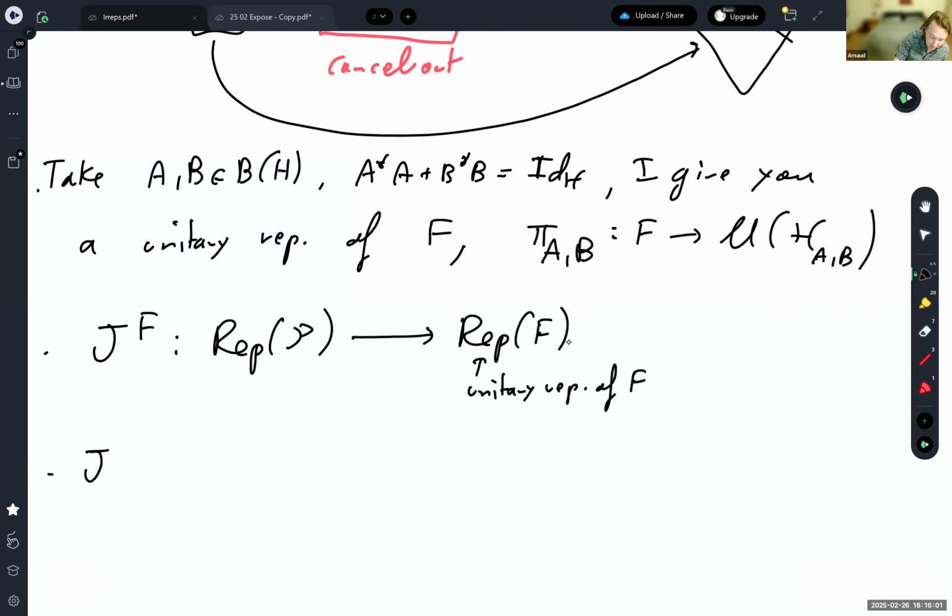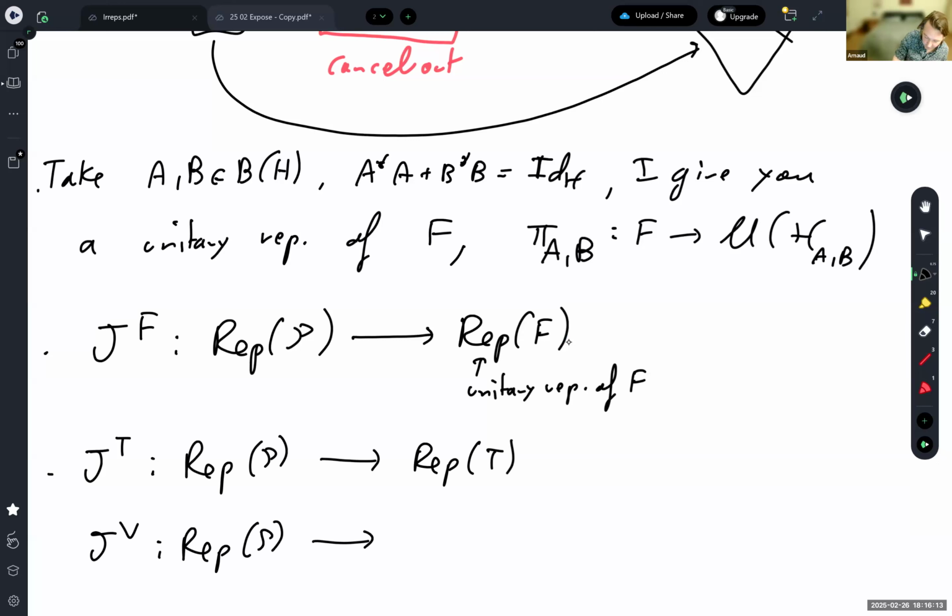So you get actually two additional functors. One choice of isometry from H to H plus H gives you a representation of the three Thompson's groups. And everything is compatible, everything restricts, just like you would expect.